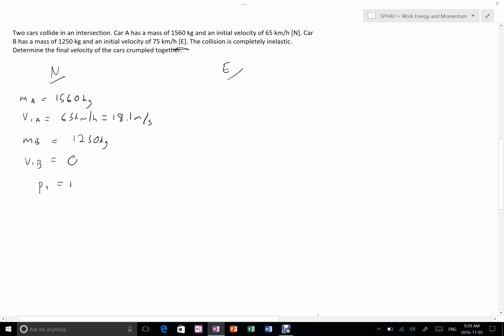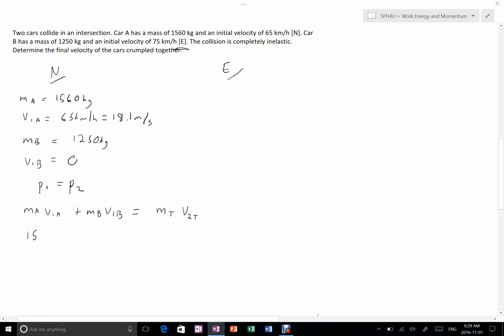So, P1 is equal to P2, or the momentum before is equal to the momentum after. MA V1A plus MB V1B, those are my momentums before, are going to be equal to M total V2 total. Because this is a completely inelastic collision, the cars are crumpling together, so I'll treat them as one object in the final state.